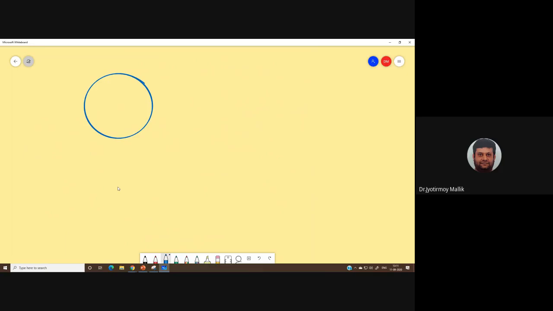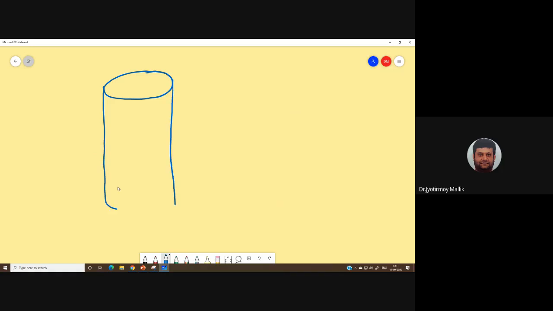Let's just draw a cylinder actually to represent the borehole. Not my best drawing. Let me just draw it properly. Okay, this is the circular top part of the cross section of the borehole, and this is the borehole in 3 dimension, if you like.